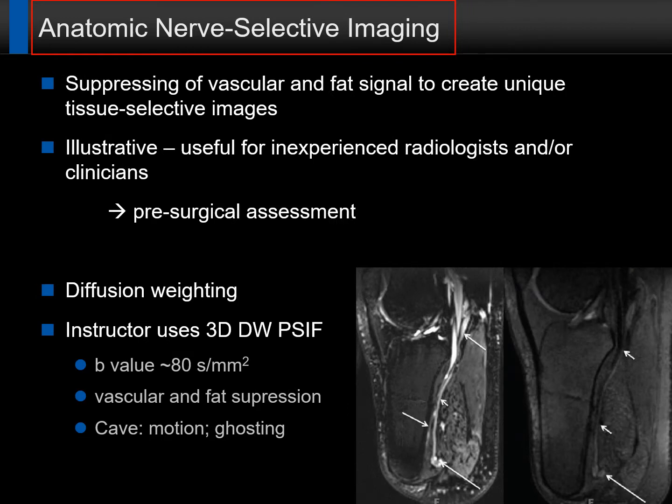Nerve selective imaging means that you focus on the nerve specifically, which means you use MR sequences which can highlight the nerves and suppress the background signal. You can see this on this example image here. On the left side, you see a normal sequence. On the right side, you see a sequence where the background signal is suppressed by special techniques.